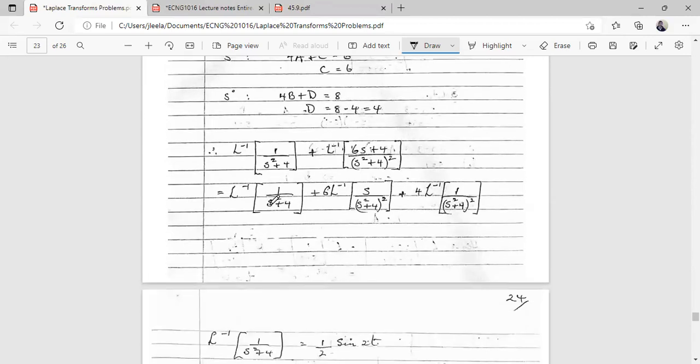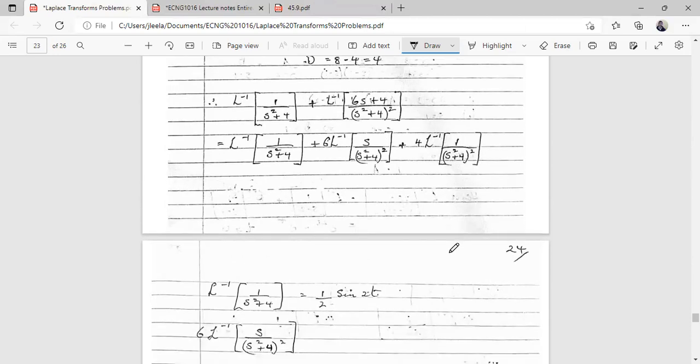So this one here, and then the second one here, you could break up into 6 times the Laplace inverse of s over s squared plus 4 squared, and then plus 4 times the Laplace inverse of 1 over s squared plus 4 all squared. Right. So this first one is straightforward, right?